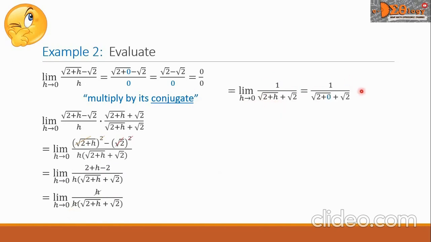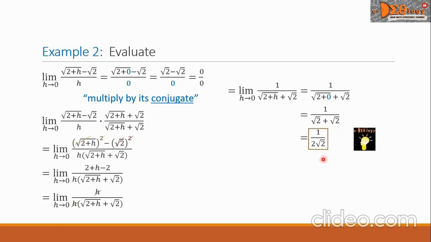So we have 1 over the square root of 2 plus 0 plus the square root of 2. We can simplify this into 1 over the square root of 2 plus the square root of 2. And our quotient will be 1 over 2 square root of 2. This is our final answer.